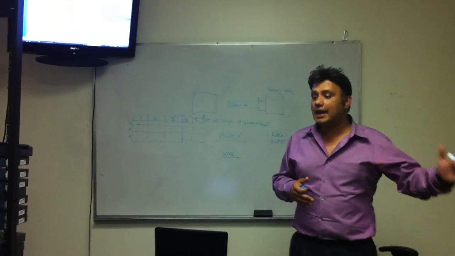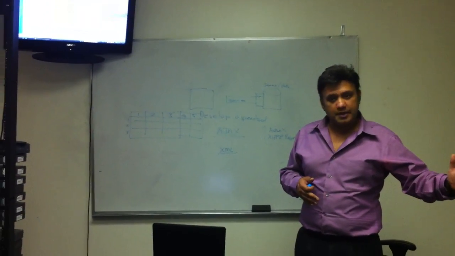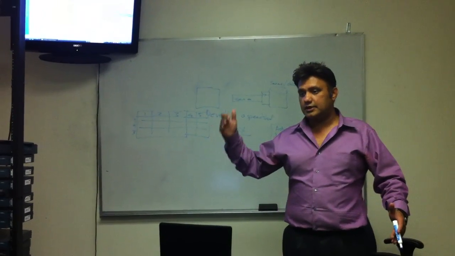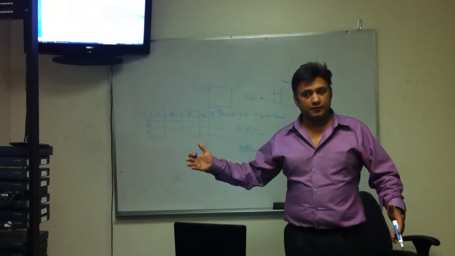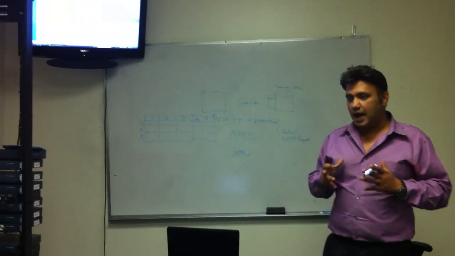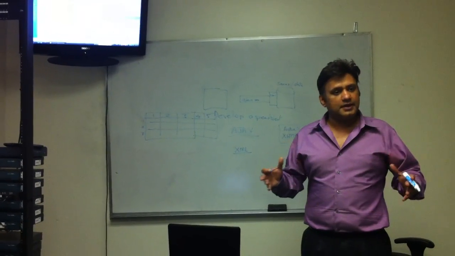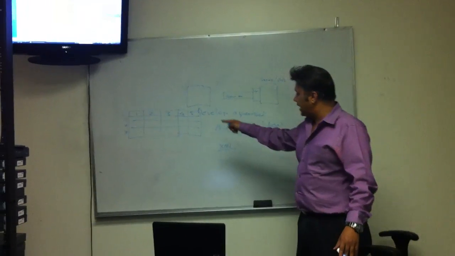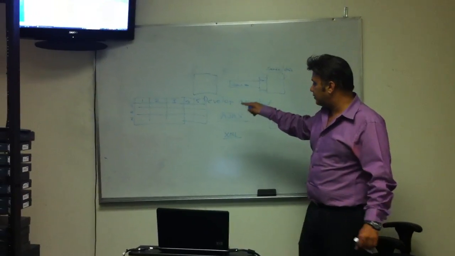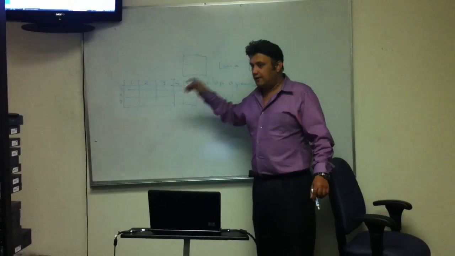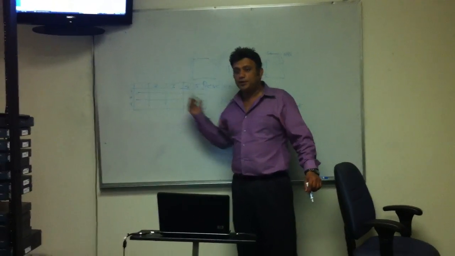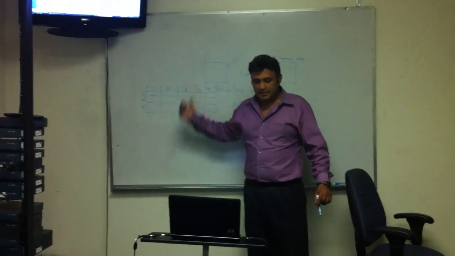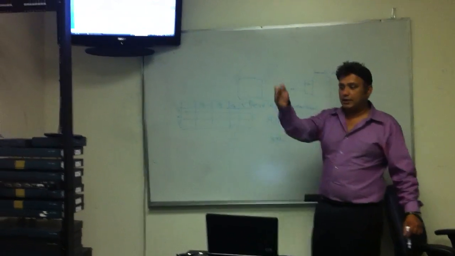Whether you're looking at Access, which is one of the smaller databases, or Oracle, which is one of the larger databases, or Microsoft SQL Server, in all these databases the data is always stored in tables. So assume that this table is in our database, and if I ask the database to export this into an XML document, my XML document will look like what you see on your screen right now.